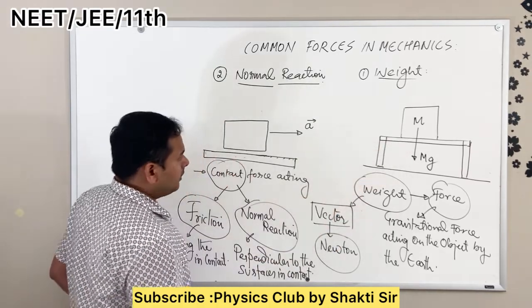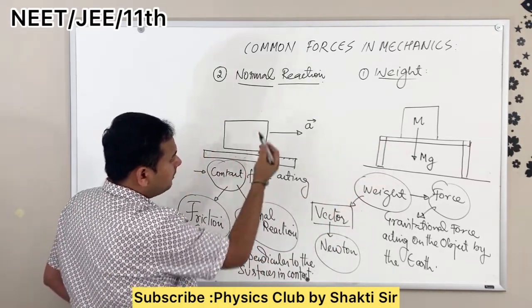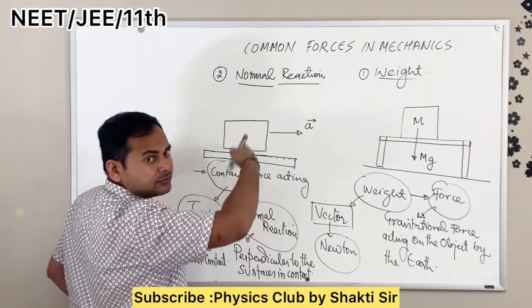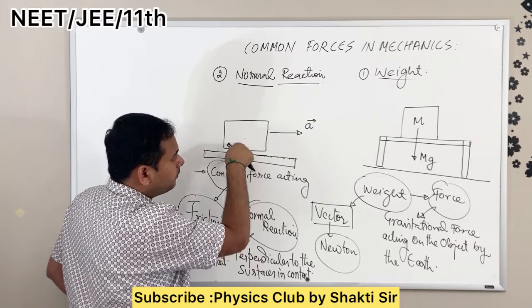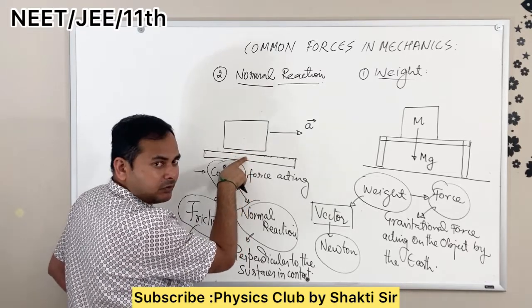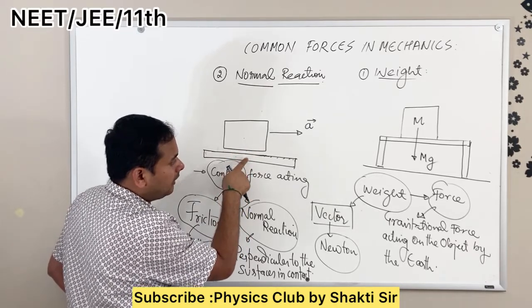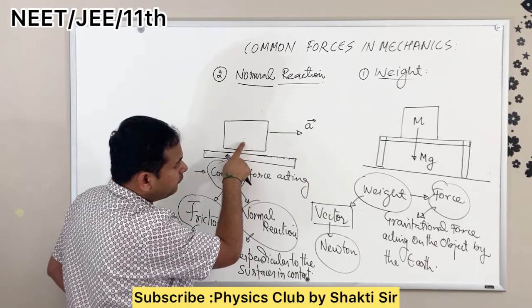Okay, so what's going on, the normal reaction acts perpendicular to this. The block applies a force on the platform and the platform is applying a force on the block.